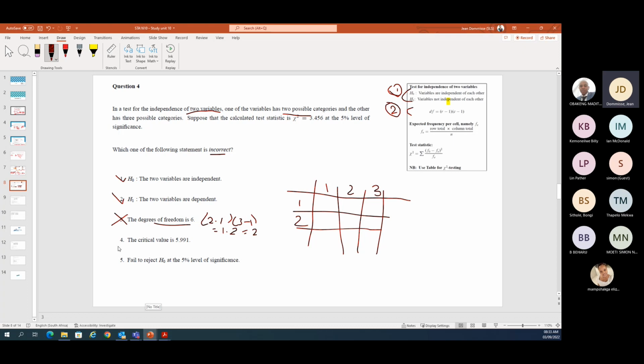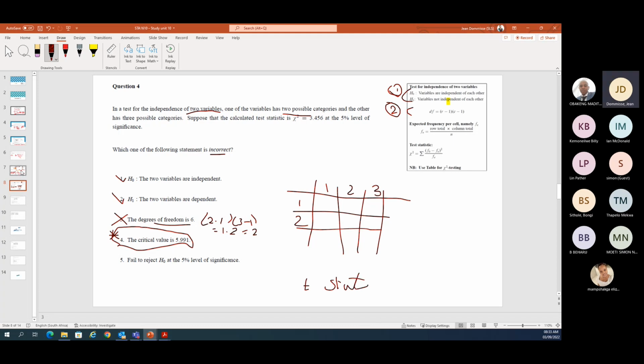So let me do the critical value. We basically get it from the table. So let's see, what do they tell us. Suppose that you calculate the t-stat. We'll use the t-stat later.